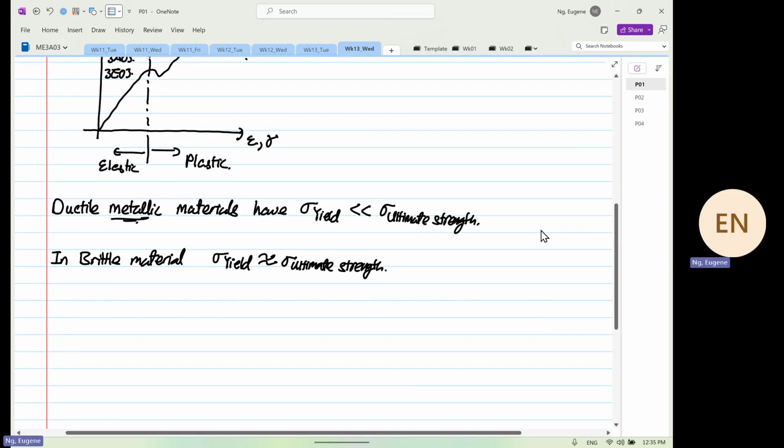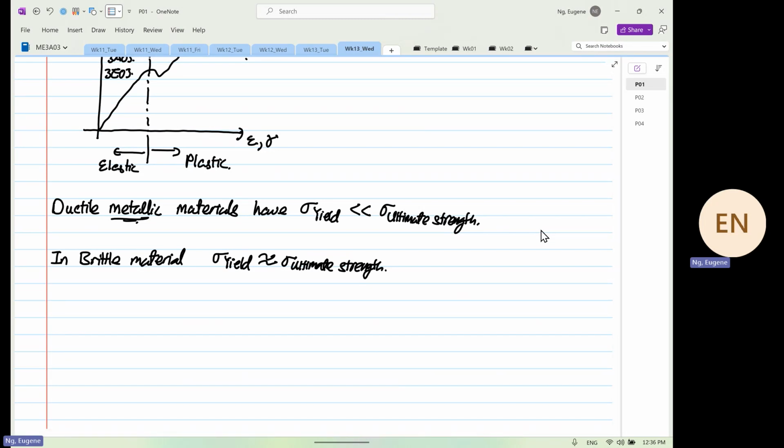So now you know what a yield criteria is used for. You know how to describe ductile and brittle material, metallic configuration. So there are two commonly used yield criteria for ductile material.